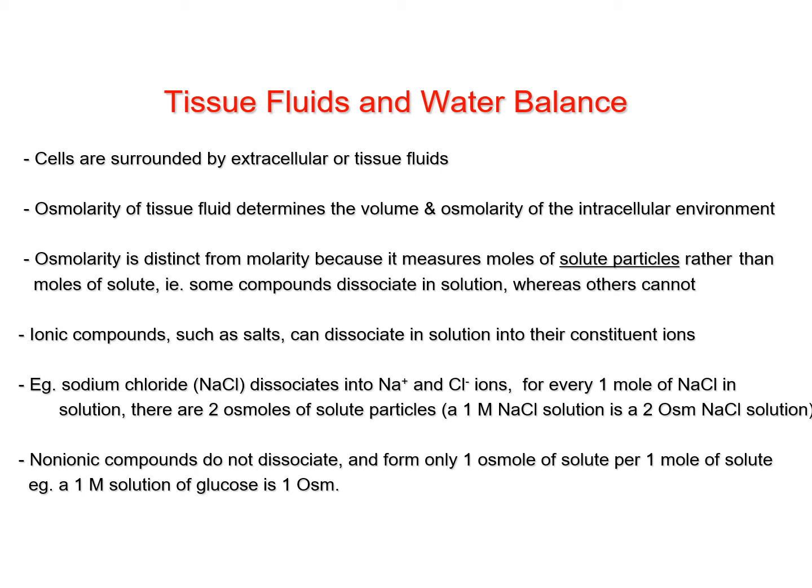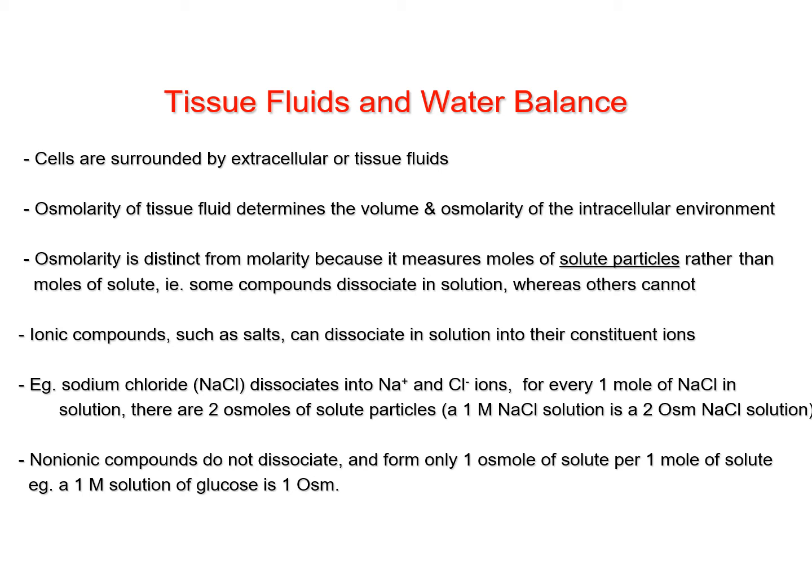Ionic compounds, like different salts, can dissociate once they're in solution. So when you put 1 mole of NaCl, or sodium chloride, into solution, it dissociates into its individual charged ions, sodium and chloride ions. Sodium is positively charged, chloride is negatively charged.